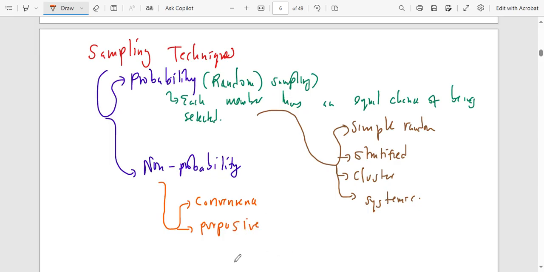And then number three, we are going to have what we call quota sampling. And then number four, we have got what we call snowball.